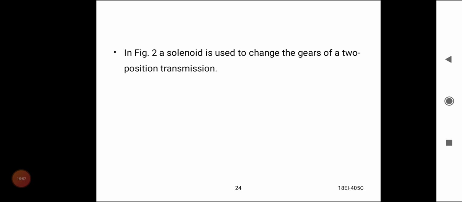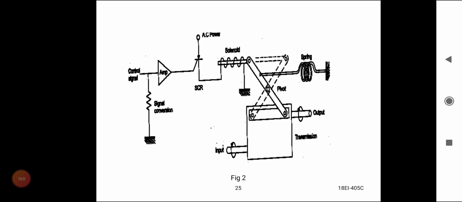In figure 2, the solenoid is used to change the gears of a two-position transmission. An SCR is used to activate the solenoid coil. The control signal from the controller is applied to the signal conversion amplifier. The current signal is converted into a voltage signal.